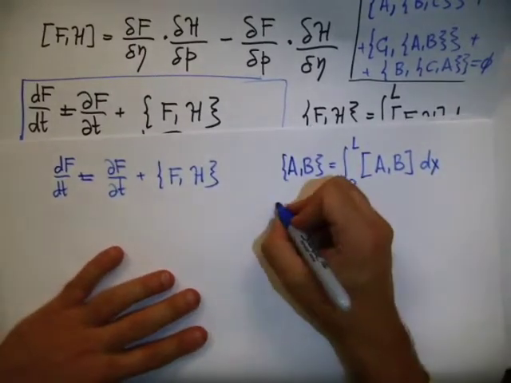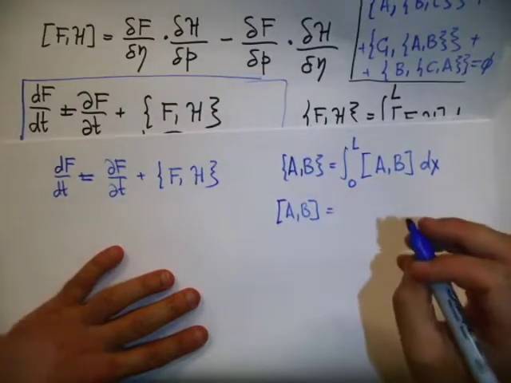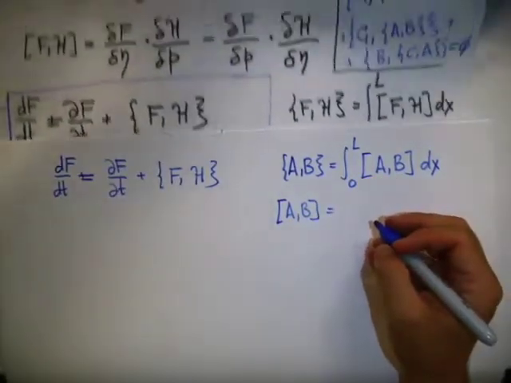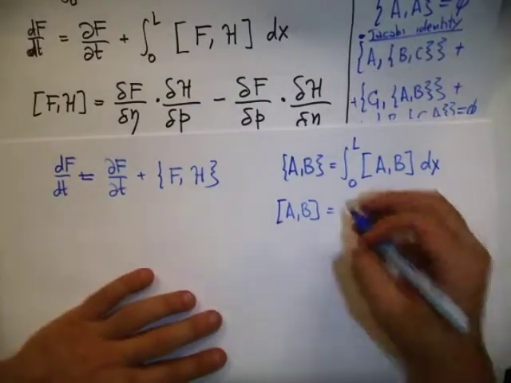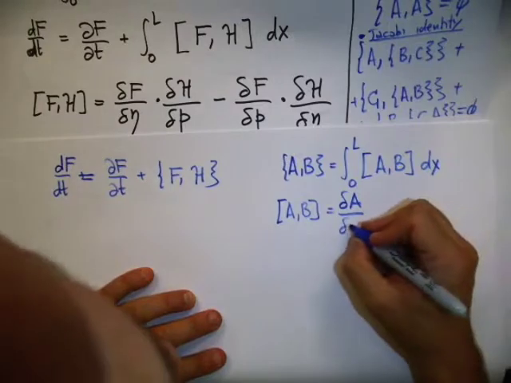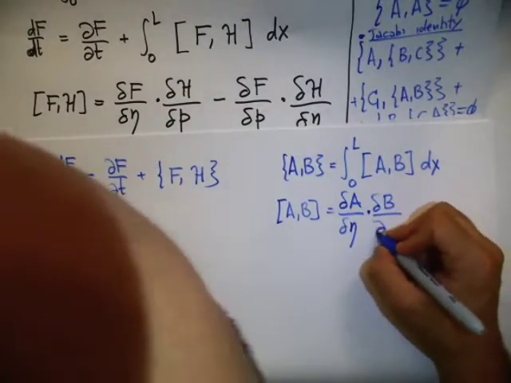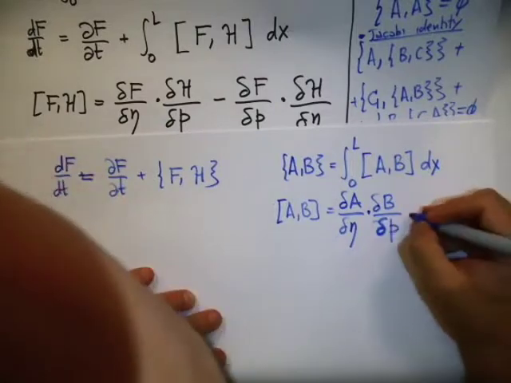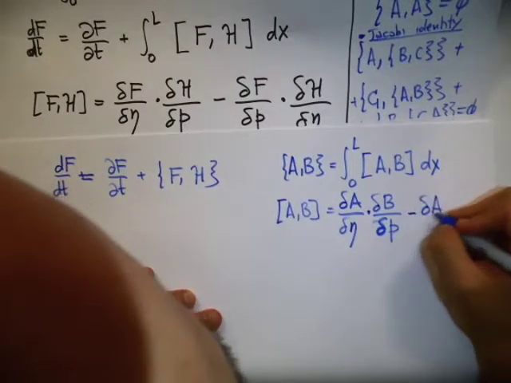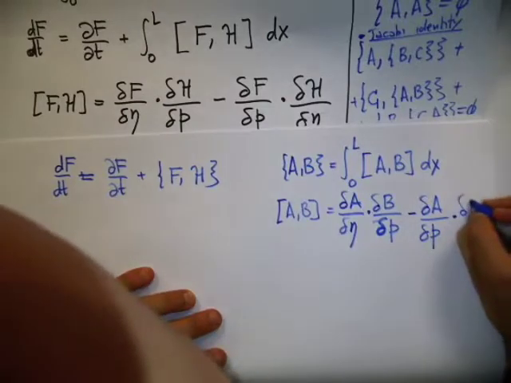The commutator involves the variational derivative of a with respect to eta times the variational derivative of b with respect to p, minus the partial of a with respect to p times the partial of b with respect to eta.